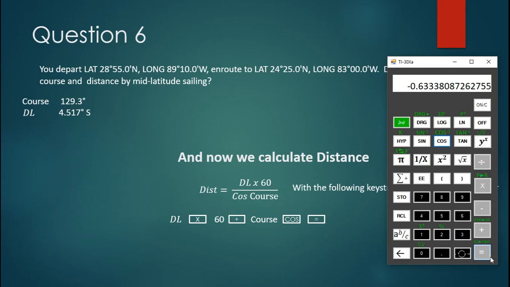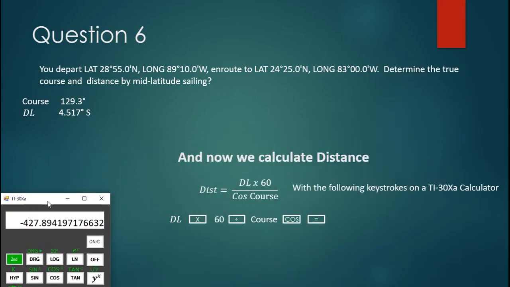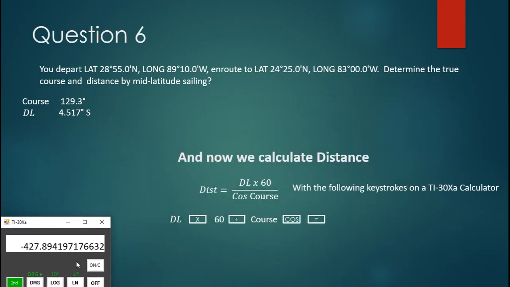Now here, the negative sign, it doesn't matter. That's a distance of 427.89 miles. So the positive or negative here does not matter. It's just there's the distance, 427.8.